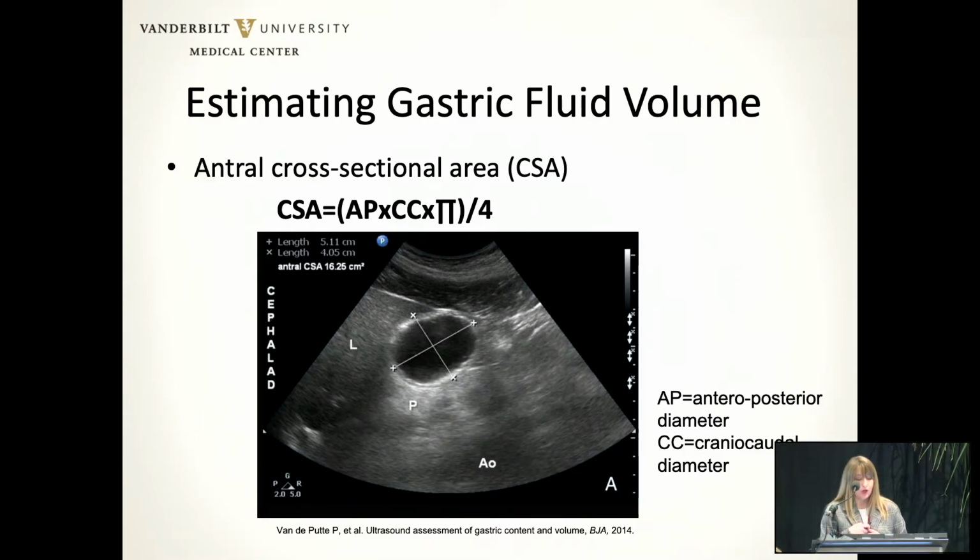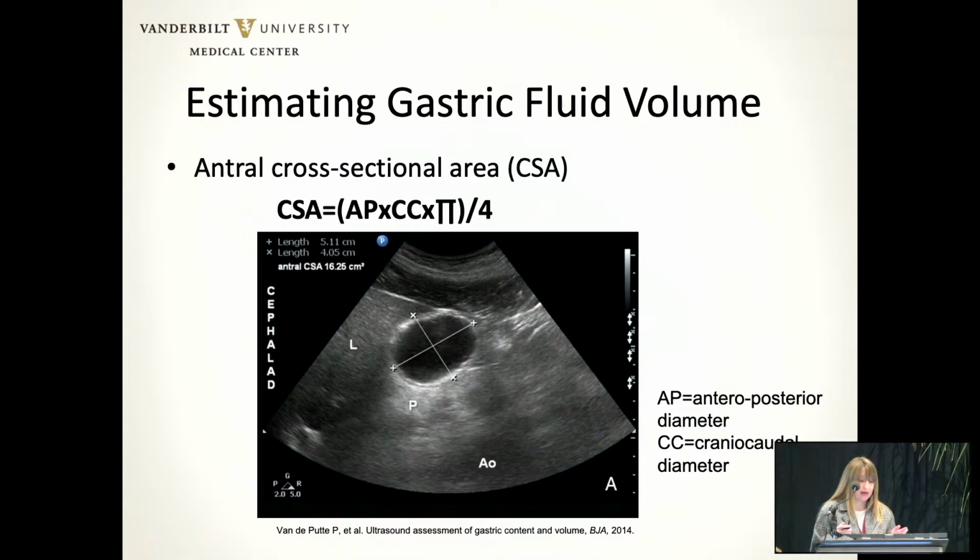So there's a couple different ways to estimate the gastric volume. It has been consistently shown in the literature that the cross-sectional area of the gastric antrum, which is what we're going to measure in the right lateral decubitus position, correlates with gastric volume. There have been several mathematical models used to describe this.